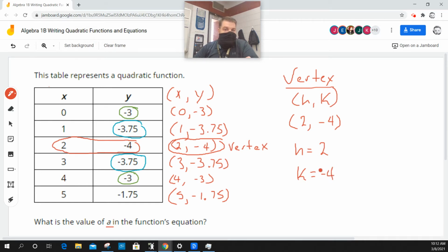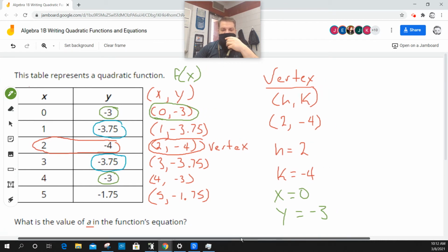Now, if I want, I can arbitrarily choose another x and y. So maybe I'll choose this x and y. It doesn't matter. So I'm going to say then x is equal to 0 and y is equal to -3. Now remember, that's like saying f of x. If it's a function, your y value is really the same as f of x.